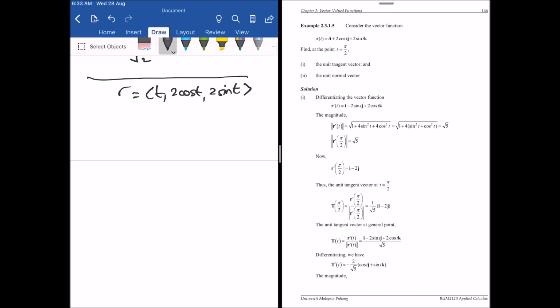The question asks to find the unit tangent vector and unit normal vector at point t equals pi over 2. Again, we find the unit tangent vector first, which is r prime over the magnitude of r prime.